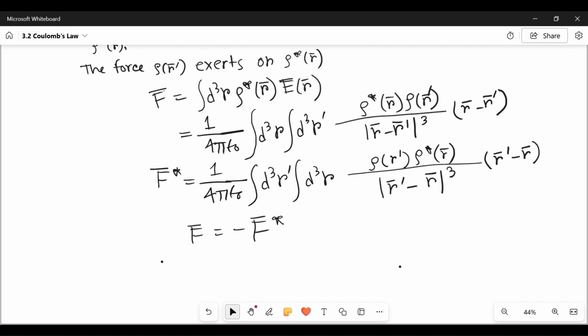So the forces exerted on by the other is equal and opposite. So it confirms Newton's third law.